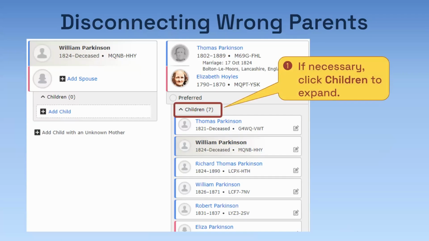When you go to fix issues between children and parents, the child has to be visible under the parents because we need to click this pencil icon to do the editing. And again, this icon got a facelift. It's a little bit different, but it's still a pencil on the new screen. Notice that pencil is not over here for William. So sometimes people get in and they don't see any kids under the parents.